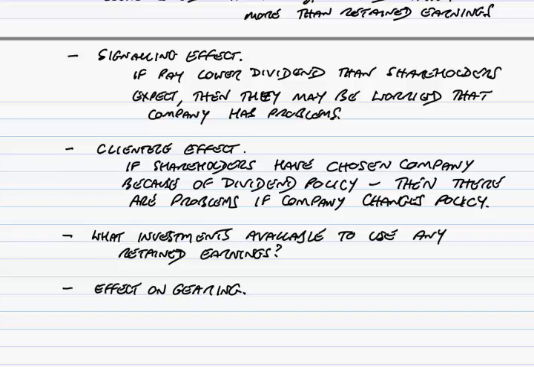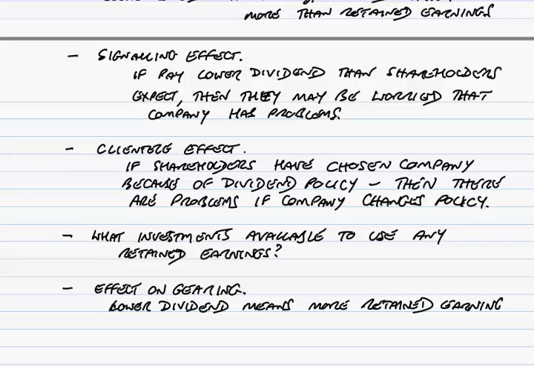The reason it has an effect is that surely lower dividend means more retained earnings. And surely this will increase the equity and therefore reduce the level of gearing.